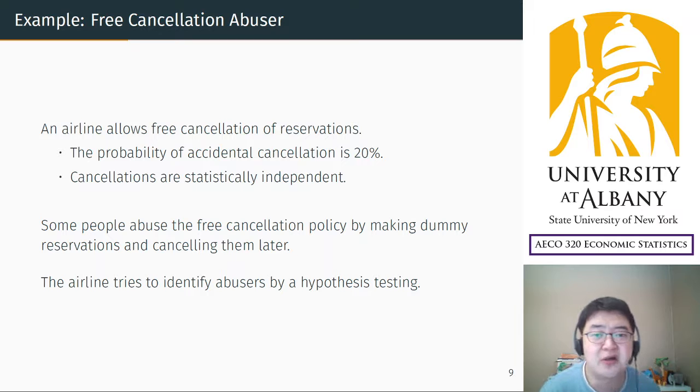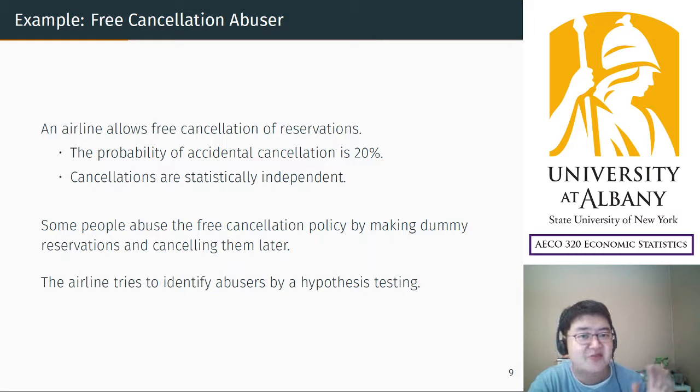But there are some abusers who make a lot of reservations and cancel later. They knew that they are going to cancel their reservations when they make the reservation. Still, they reserve a ticket so that others cannot take that seat, and later they cancel because it's free.